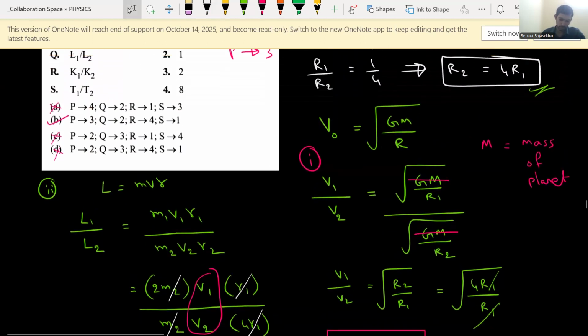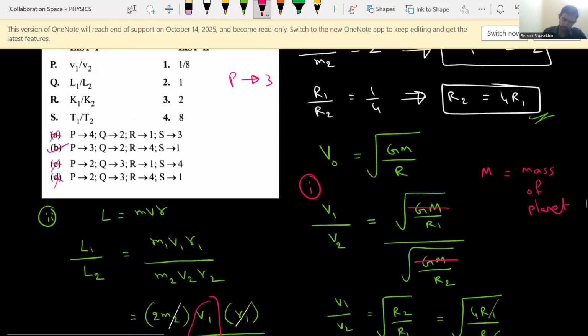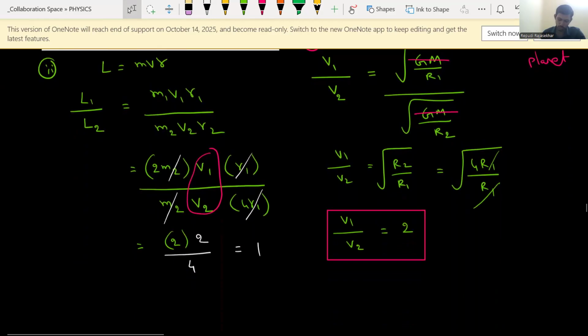That means for Q, the option is 2, the answer is 1. Don't get confused: 1 is the answer, and it is option 2, so for Q, the answer should be 2.